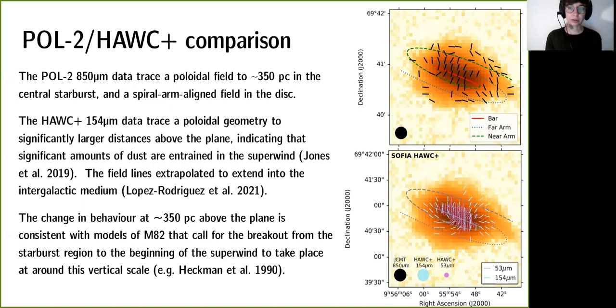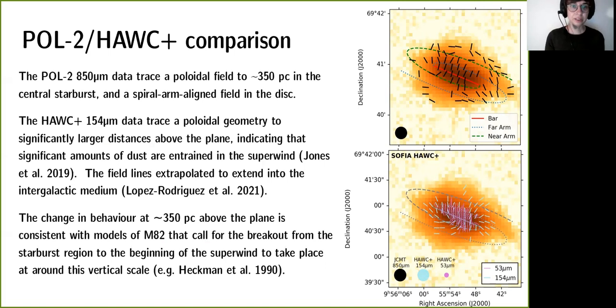Although we agree well in the central starburst region, it would seem that the HAWC Plus data, which is tracing a somewhat hotter dust component, much nearer the peak of the SED, is tracing this poloidal geometry to significantly larger distances above and below the plane.